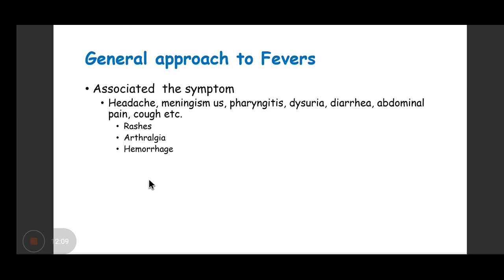If there is dysuria, you will suspect it can be a urinary tract infection. Rashes are very important because there are a lot of fevers which are associated with rashes or eruptions. Arthralgia: many diseases like chikungunya, dengue, etc., are associated with joint pains.